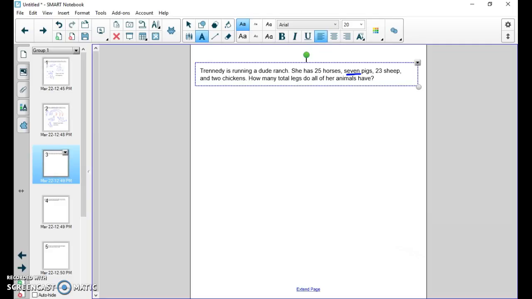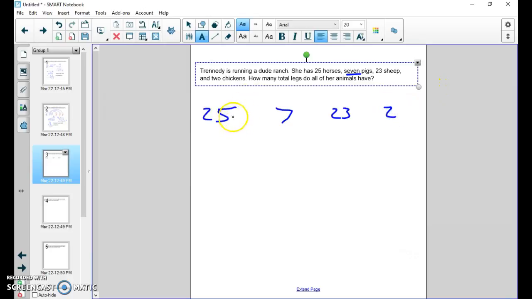So this one's asking us to combine things. So what I'm going to do is keep a chart to help me stay organized. Okay, so we have 25 horses. We have 7 pigs, 23 sheep, and 2 chickens.